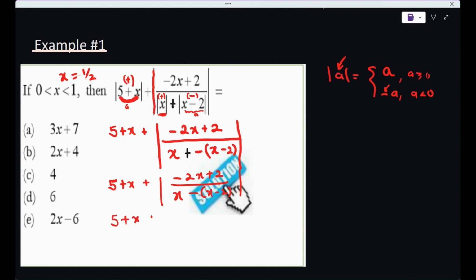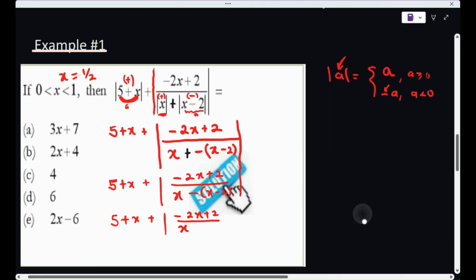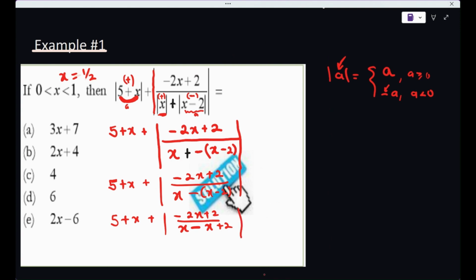This is 5 plus x plus minus 2x plus 2 over, this x will become x minus x, then plus 2 because of this minus. So you see this will cancel this. Then what is left is just 5 plus x plus the absolute value of minus 2x plus 2 over 2.